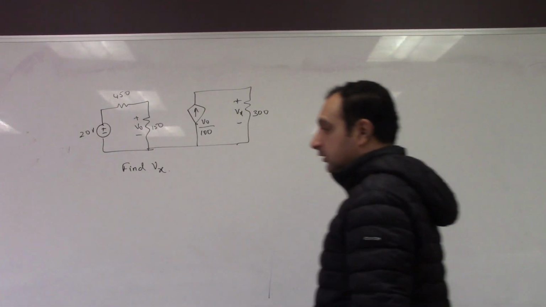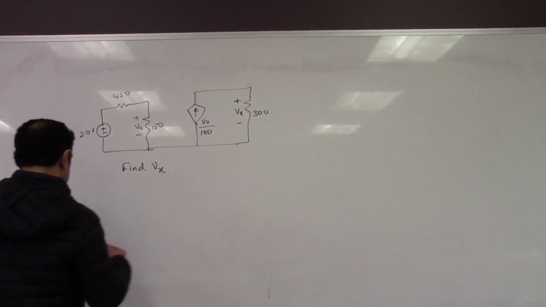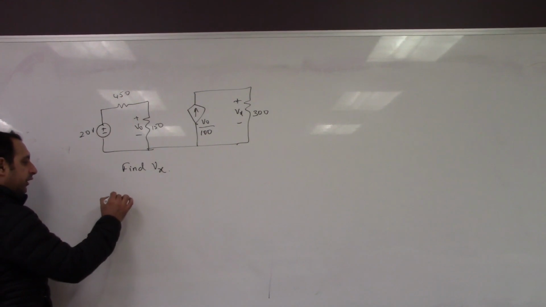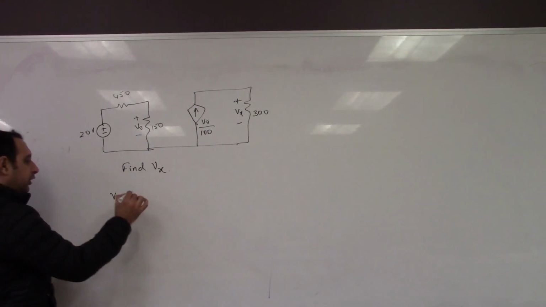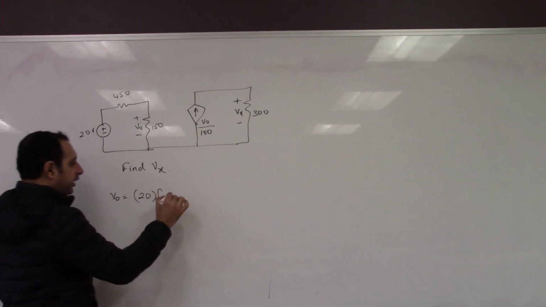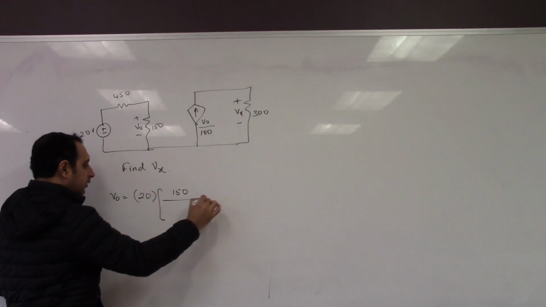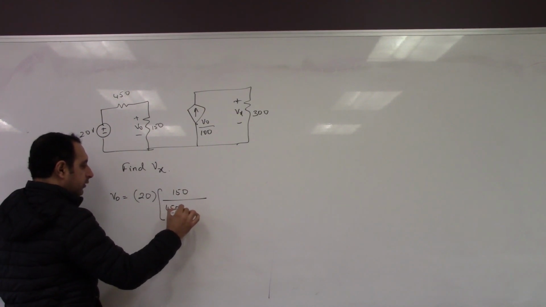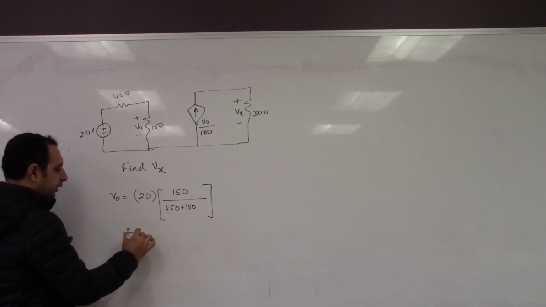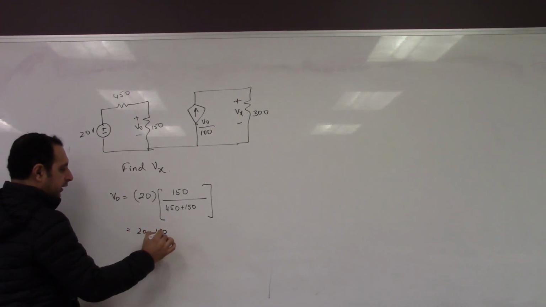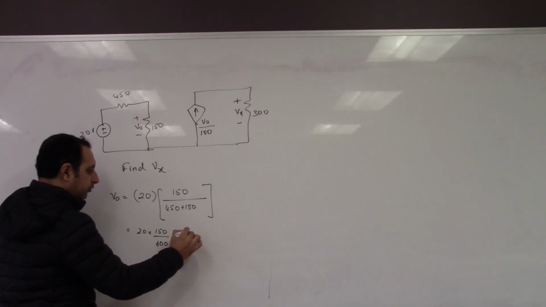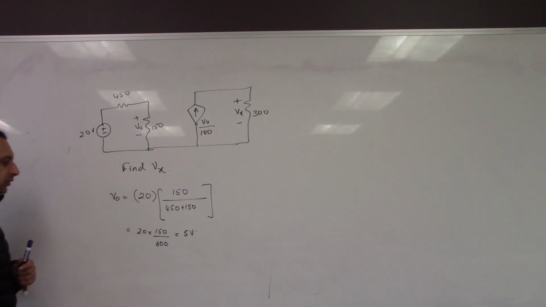What's V0? If you do voltage division, V0 will be equal to the total voltage times 150 divided by the total resistance. So this will be 20 times 150 divided by 600, which is equal to 5 volts.